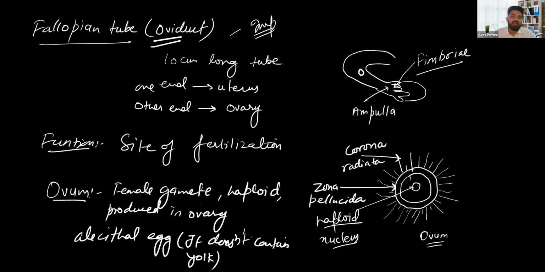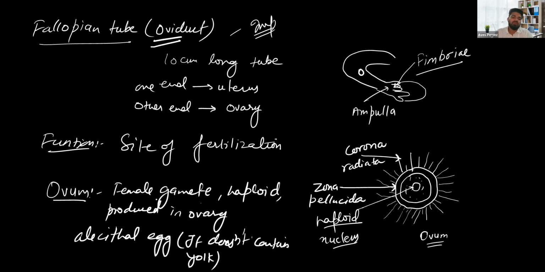The female egg or gamete is haploid, which means it has half the number of chromosomes. It has some spikes coming out from it, called the corona radiata. The main layer of this ovum is called the zona pellucida. Inside it there is a fluid-like structure, and the haploid nucleus is there.